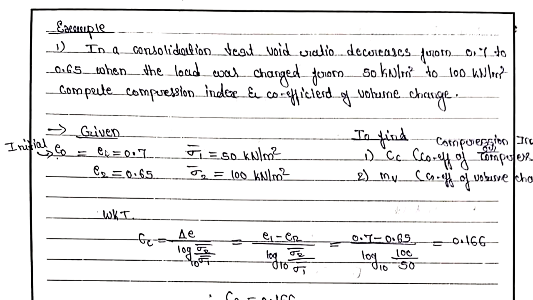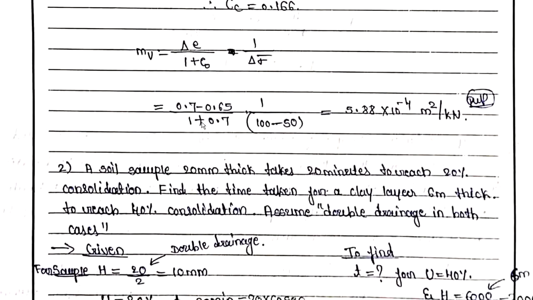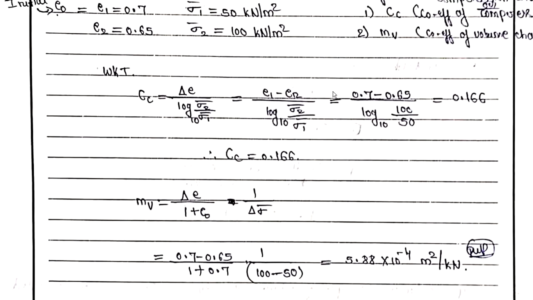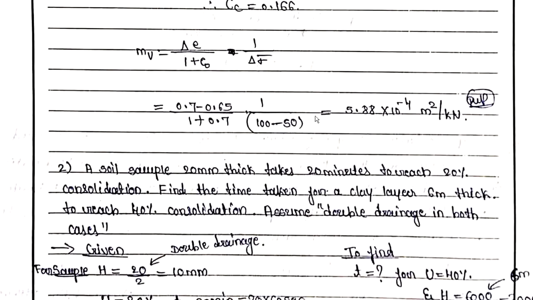Initial void ratio is the void ratio which they have given at the beginning, or at a certain point they have given. So into 1 divided by delta sigma dash means sigma 2 minus sigma 1, 100 minus 50, which is equal to 5.88 into 10 to the power minus 4 meter square per kilonewton.